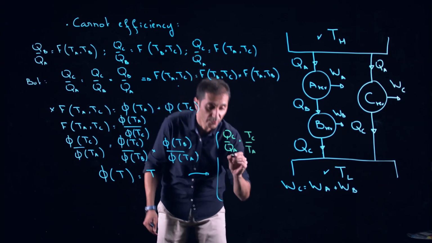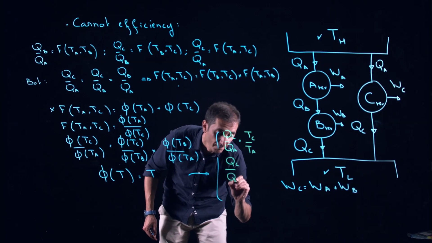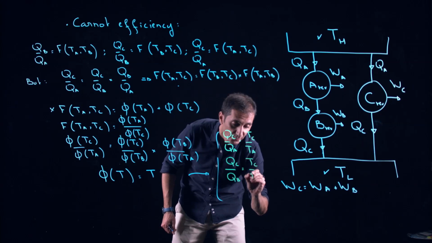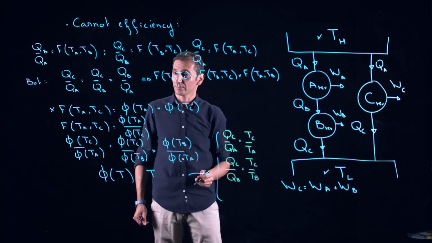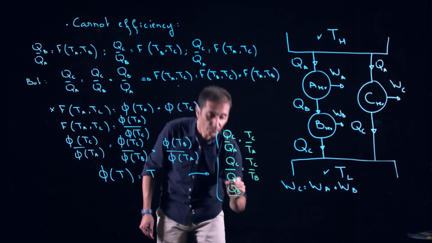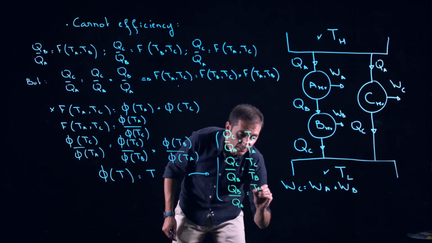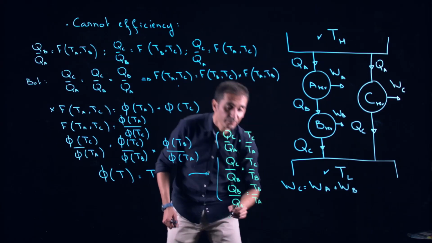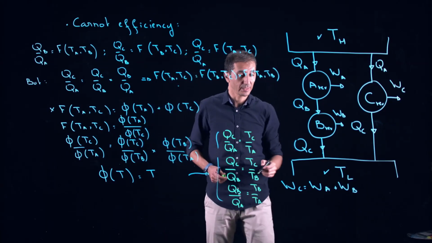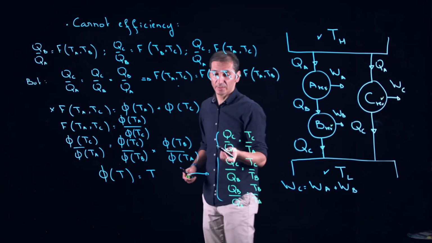The same way, QC over QB is equal to TC over TB. And finally, QB over QA is equal to TB over TA. Is this valid for any cycle? No, because you remember that here we claim that we have reversible cycles.